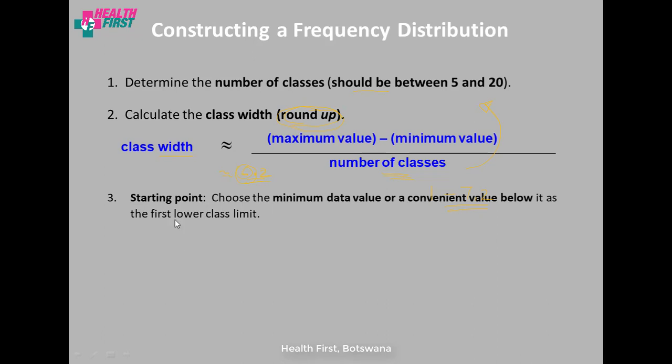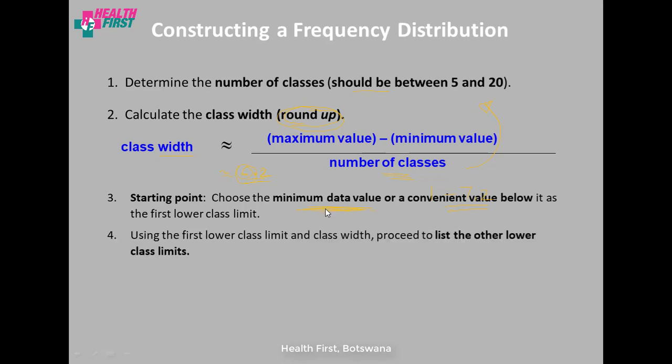So the third point is, after having your number of classes and your class width, you choose the minimum value or any convenient value to start off at, right? Usually, this will be the minimum value in your data set. It's just easy that way. You just start with the minimum value in your data set.